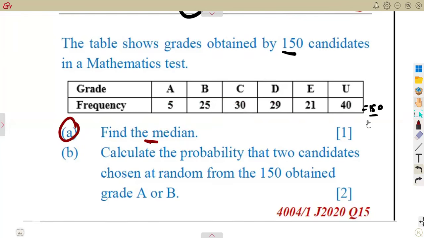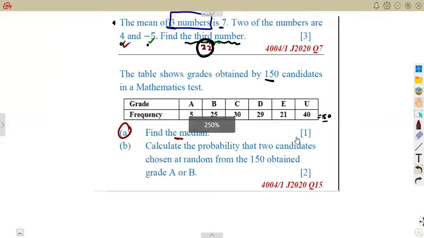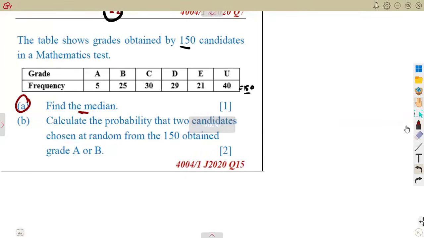Remember, I talked about this median. It's important that you understand the median. The median is taken from the median position. Make sure that you watch the introduction, guys, where I talked about this.